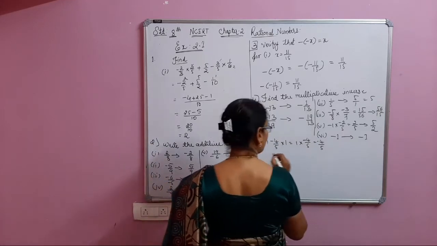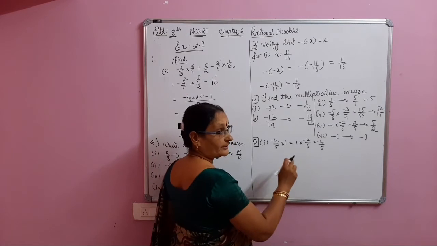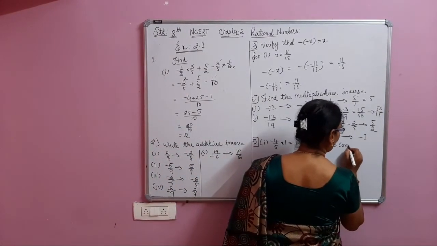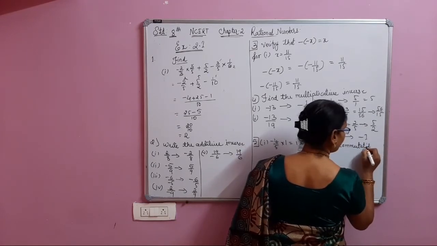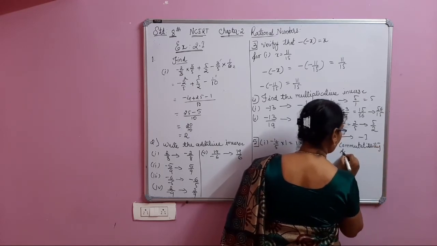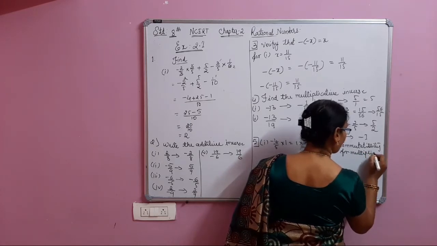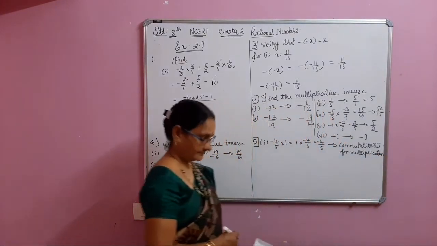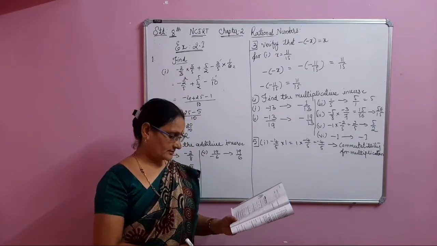Which identity is used here? See, minus 4 by 5 into 1, 1 into minus 4 by 5. Commutative property for multiplication. Commutativity for multiplication. Then same, remaining all you have to do, second and third.